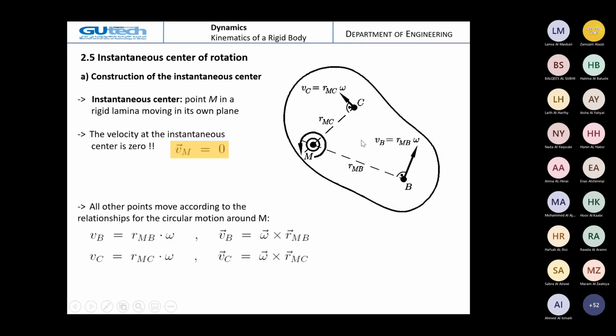Now, if you want to know the velocity of any point on this rigid body here, for example here, then we have only to take the distance from this point to M, and this distance will give the velocity of this point. Why?